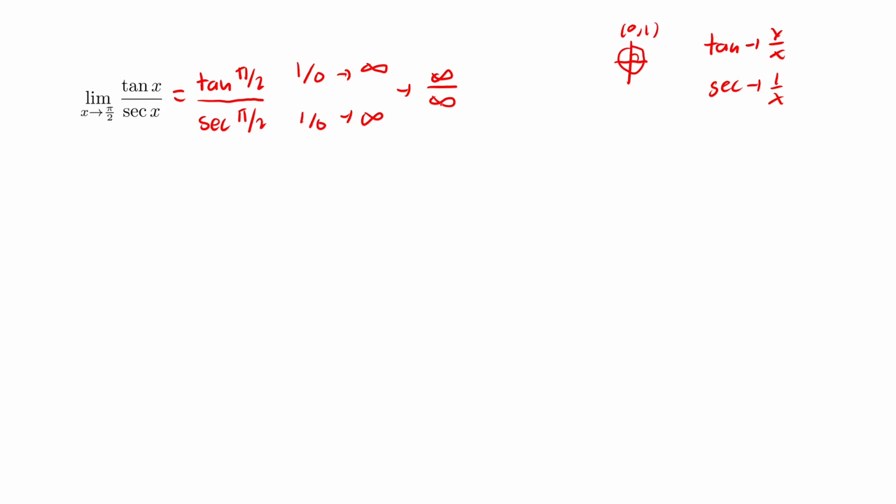One way to think about indeterminate forms is we can think of them as kind of like a little bit of a tug of war. We've got a fraction here, and we have the numerator getting larger and larger and larger, and we've got the denominator getting larger and larger and larger. If we just had a numerator going to infinity, that would suggest that the whole thing is going to infinity.